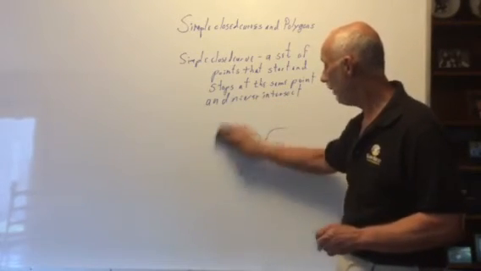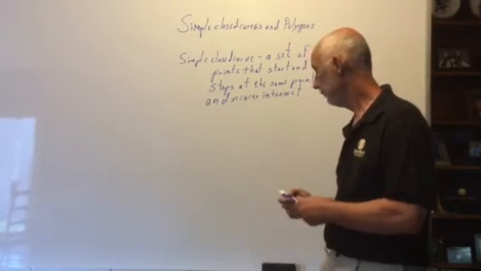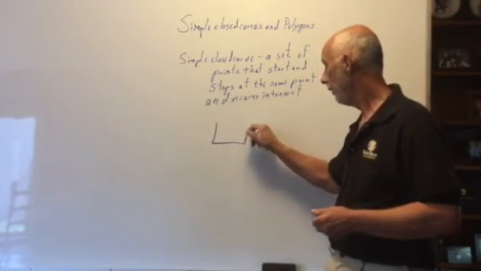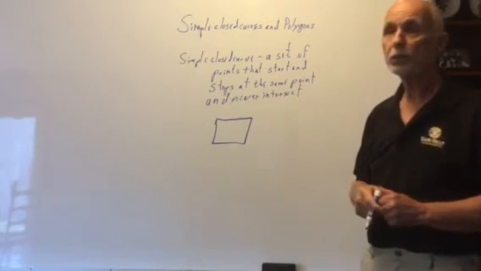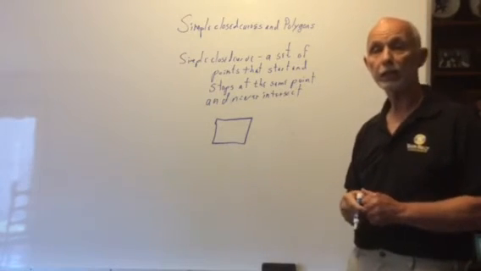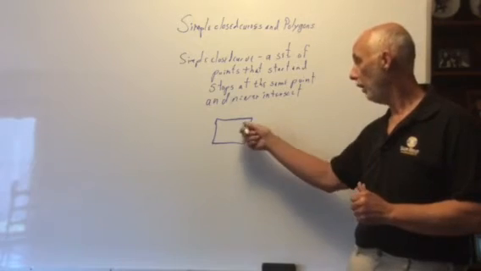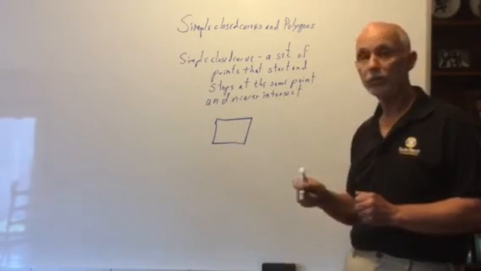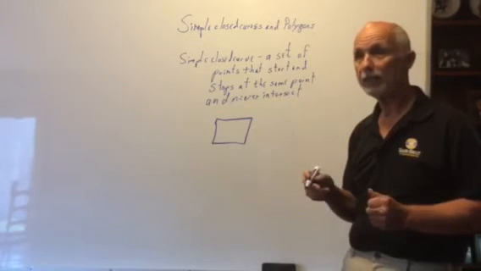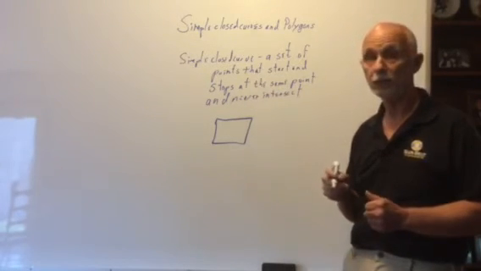Now, how about this figure? Is that a simple closed curve? Now, some people say yes, and some people say no. And the people who say no say, well, it's not curved. But no one said that a simple closed curve has to curve.